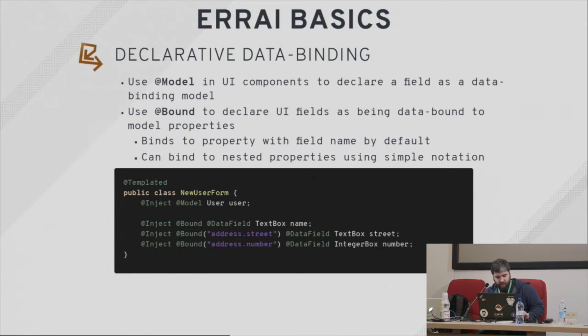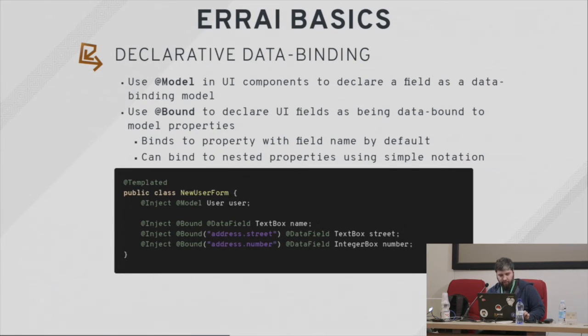So in this case, below you can see we have a text box here that is called name. And once again, because the name of the Java field matches the name of a property in our model, the value in this text box will be synchronized with the value of our name property in our model.